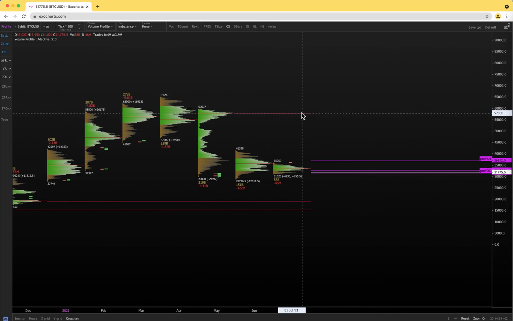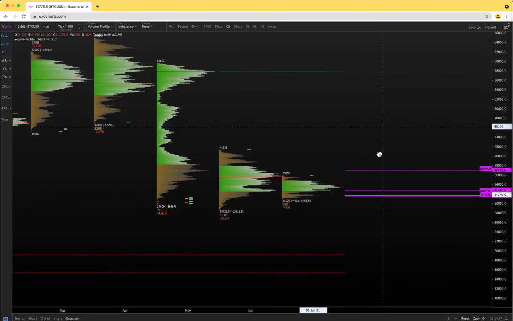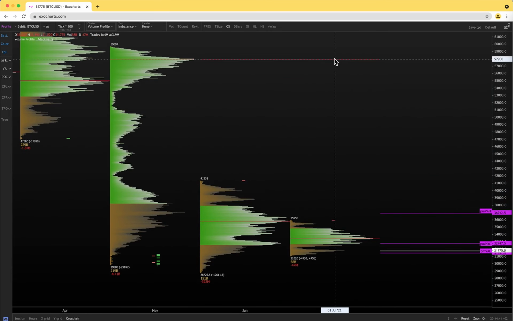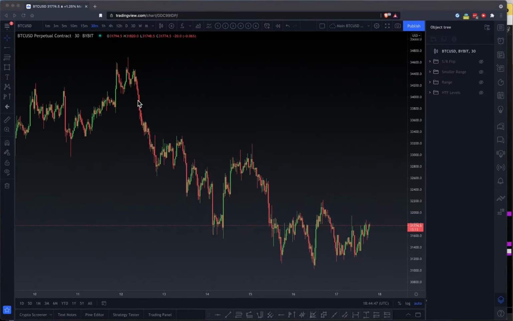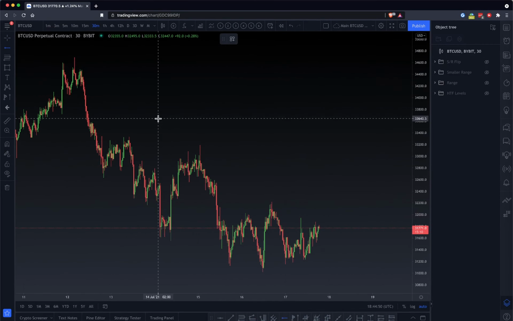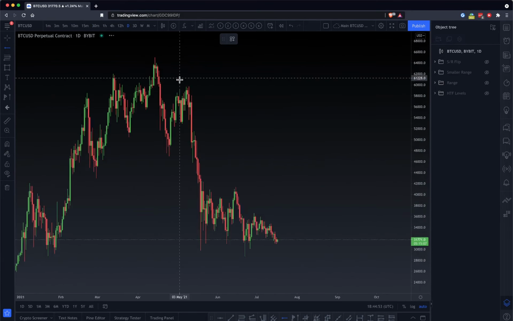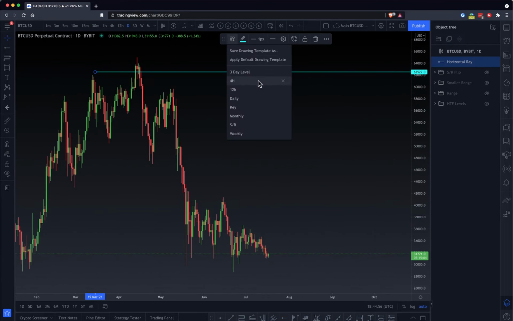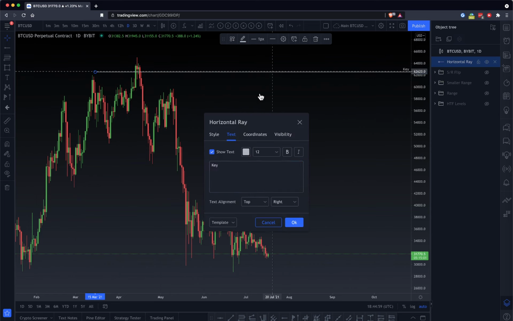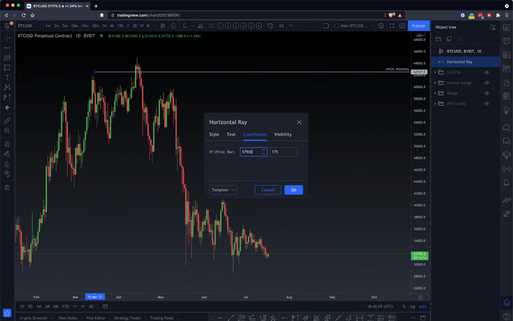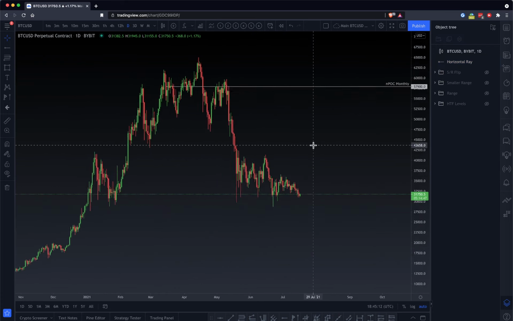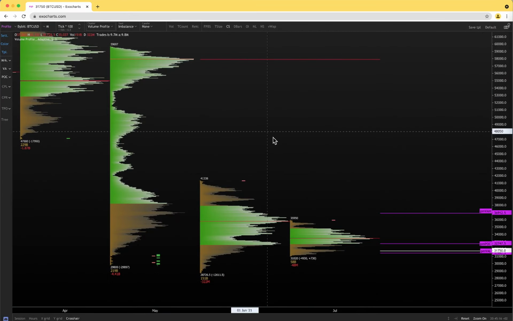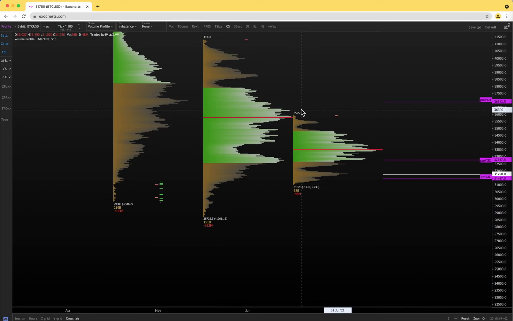We have a monthly naked point of control here, around 37,900. Is the next one.